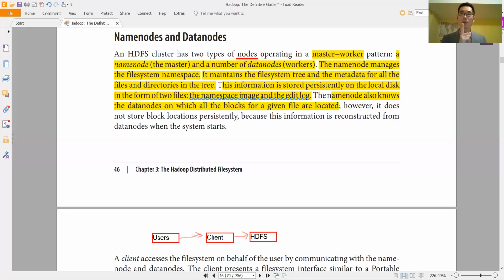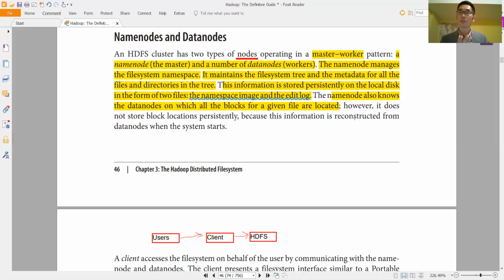So the NameNode knows everything. The NameNode also knows how many files have been stored in this whole cluster, and where they are. If a file has been saved into multiple locations, then where are the parts? The NameNode knows everything, okay?